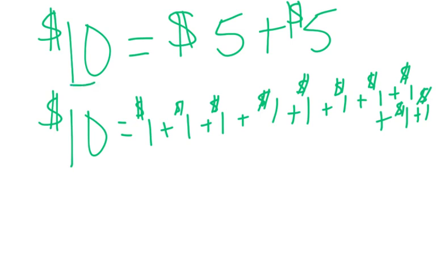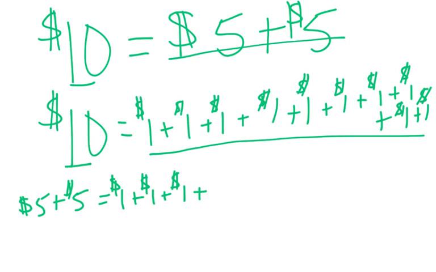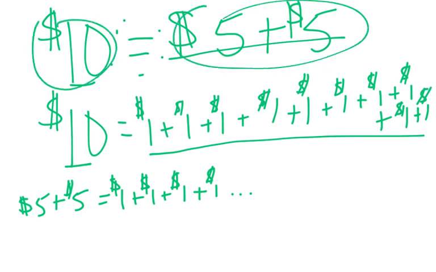Well, since my $10 is equal to the two 5s and my $10 is also equal to the 10 1s, that means my $5 bills added together are also equal to the 10 1s. And I am not going to draw 10 more 1s out here. You get the idea. Okay? The equal sign in an equation means that this is the same as the other side.